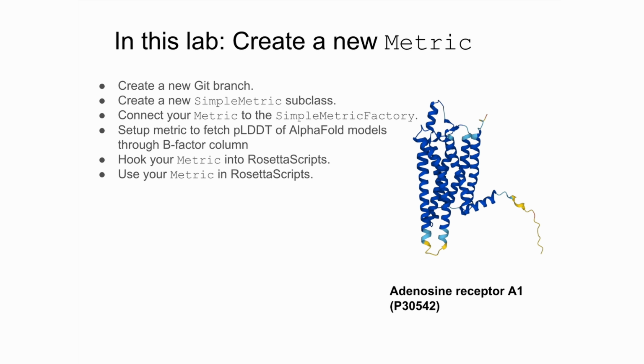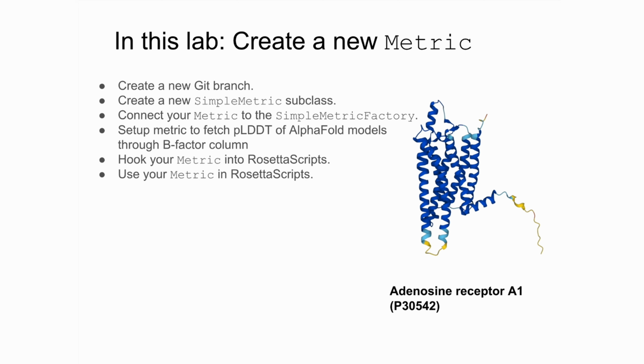Just an overview of the lab here. We're going to create a new branch. We're going to subclass SimpleMetrics, and then we're going to add the functionality to that SimpleMetric. We're going to connect that SimpleMetric into the SimpleMetric factory such that we can use it through RosettaScripts.